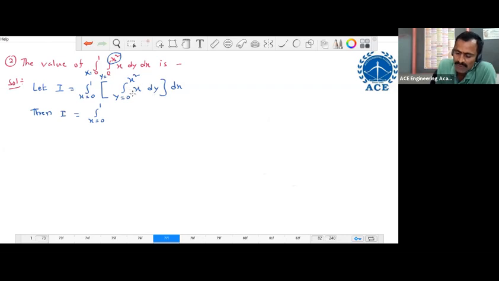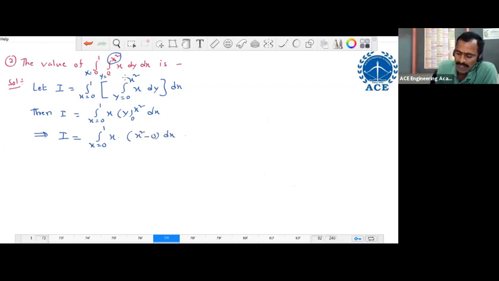So write the function of x outside. Integral of 1 with respect to y is y from 0 to x square, dx, which implies I equal to integral x equal to 0 to 1, x into, for upper limit x square, lower limit 0, dx.